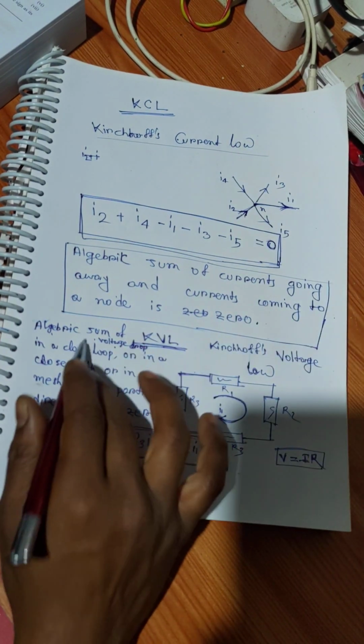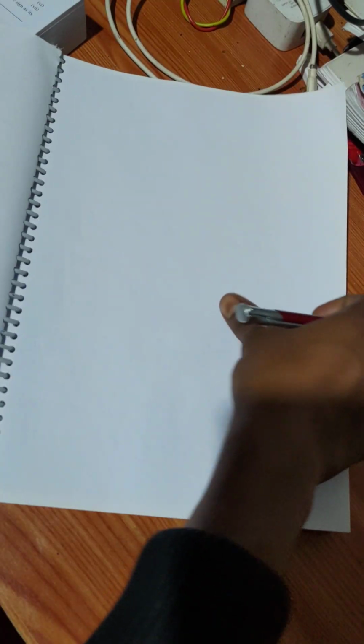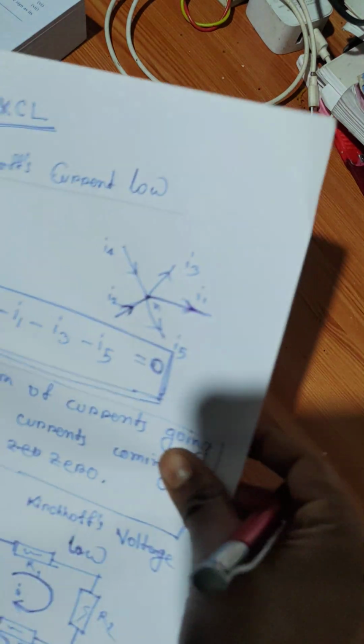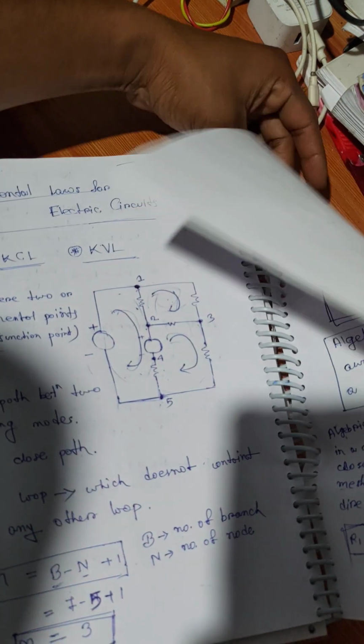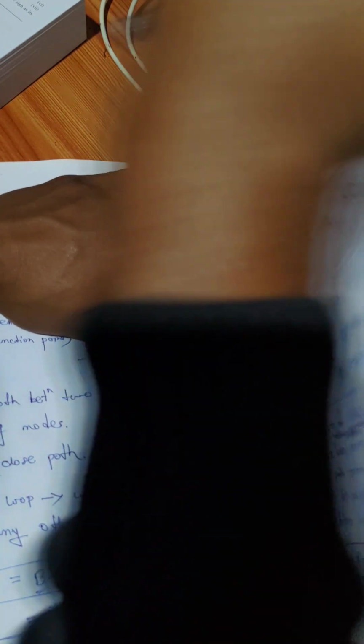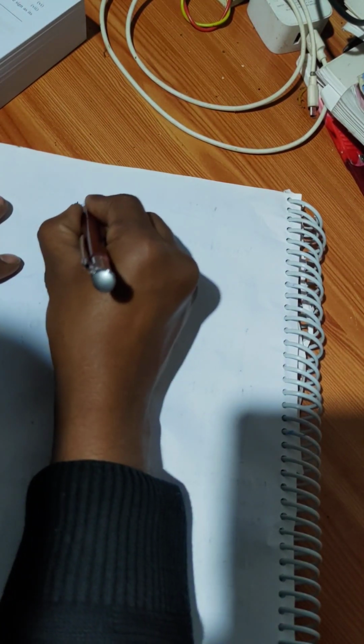So we'll write this KVL definition once properly. I think it's visible.